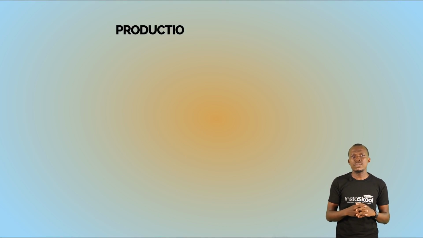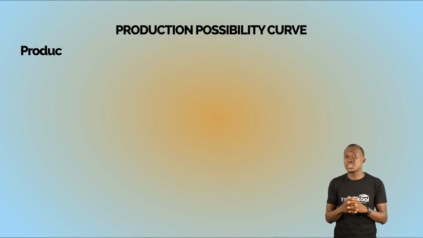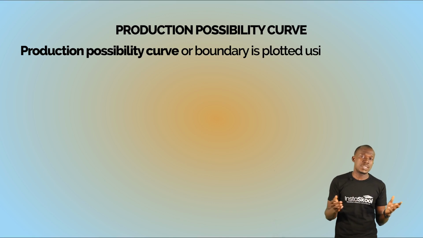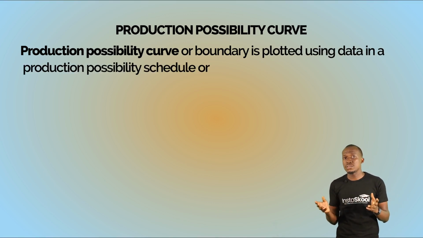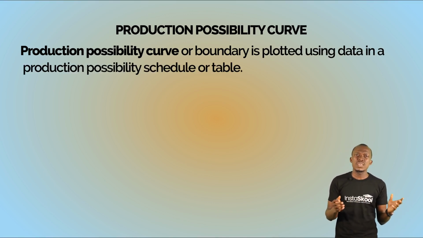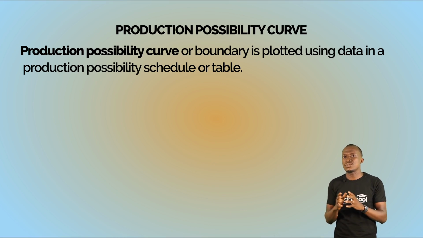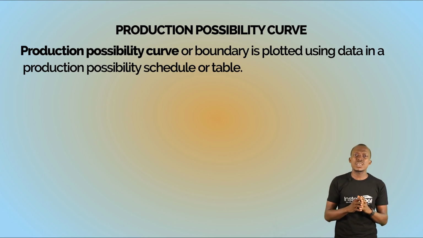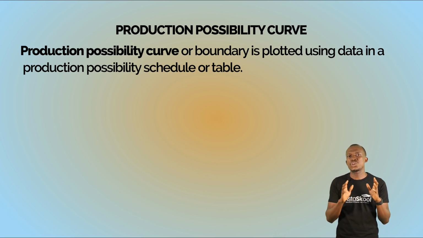How do we prepare or plot our own production possibility curve? The production possibility curve, also known as the production possibility boundary or frontier, is plotted using data in a production possibility schedule or production possibility table. This table provides us with the data for plotting a production possibility curve.